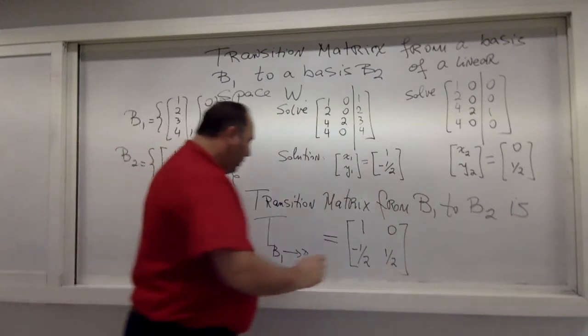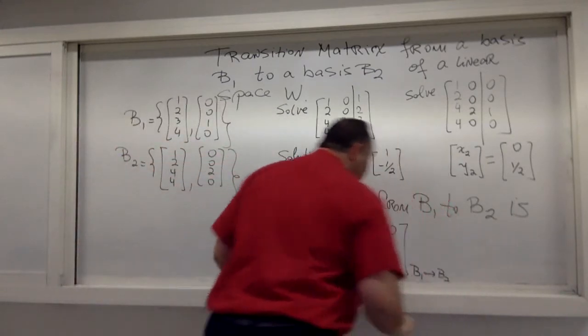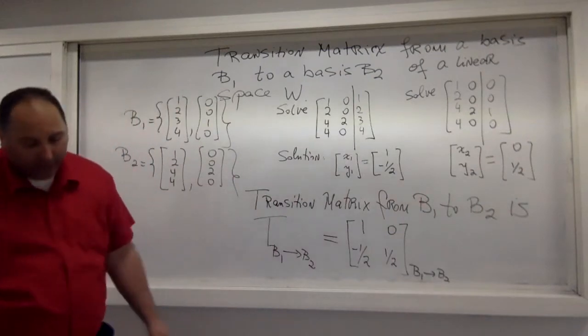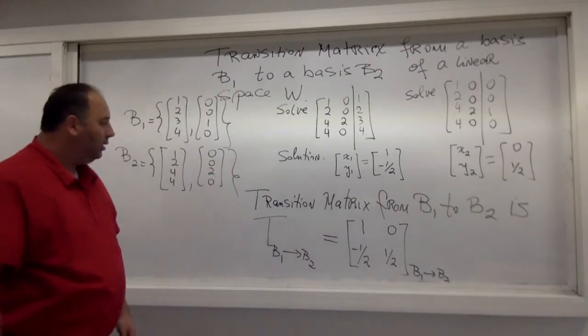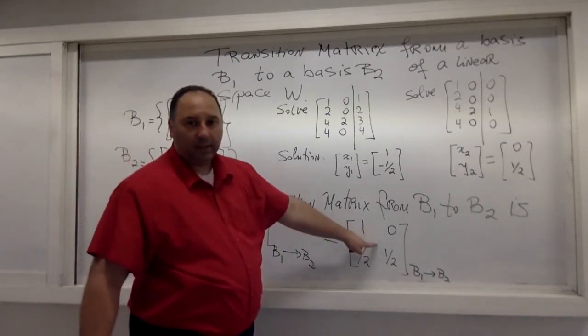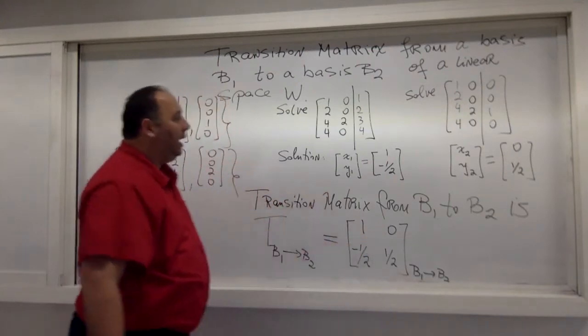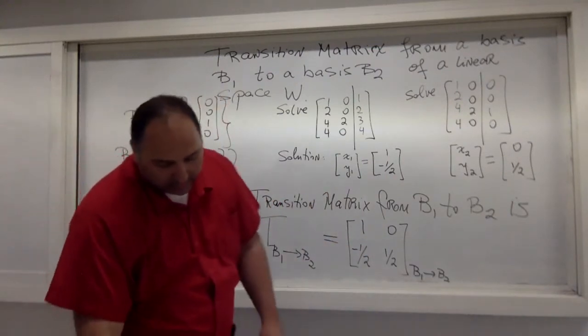That's it. That's my matrix going from B1 to B2, which means now I can give you coordinates of any guy in B1, and all you need to do is multiply it by this matrix, and you'll get coordinates in the basis B2. Yeah. So how does that work?